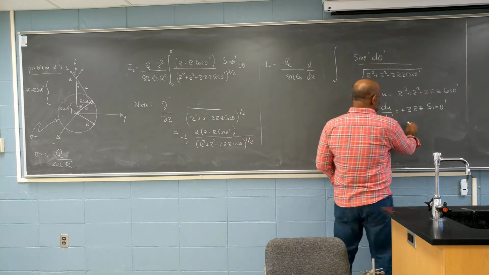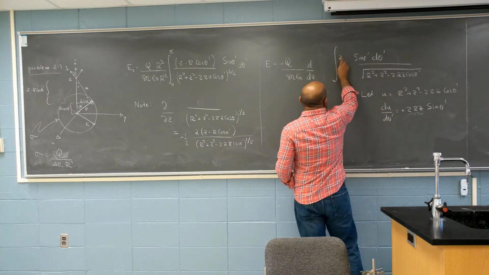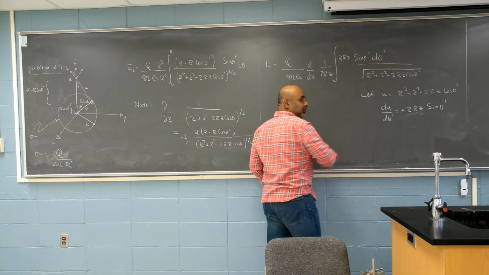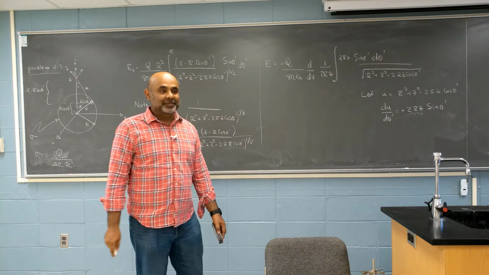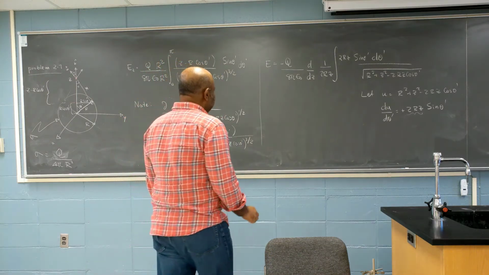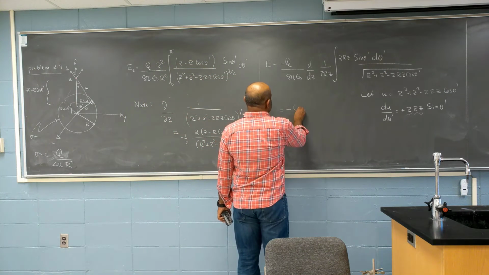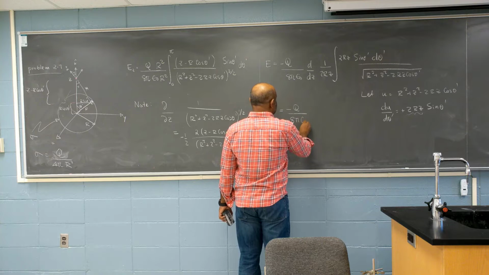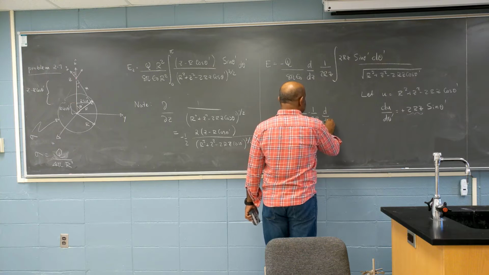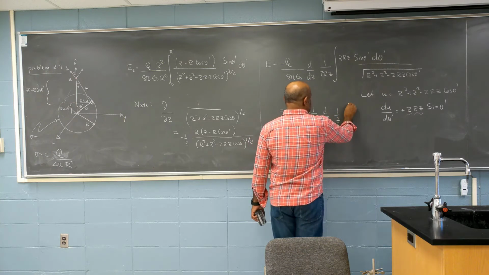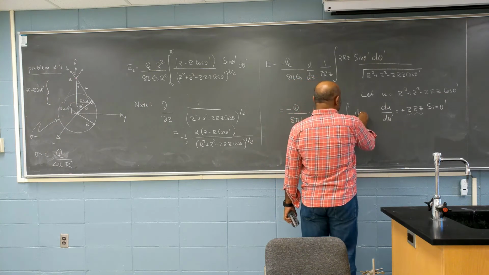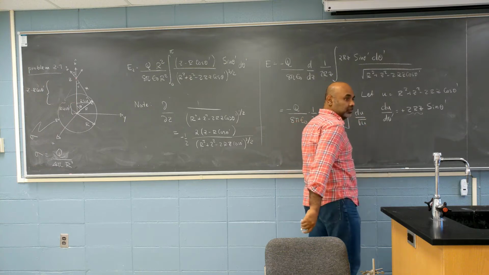So I multiply by, and then I have minus q over 8 pi epsilon naught, 1 over 2r, d dz, 1 over z, integral of what? du over square root of u.